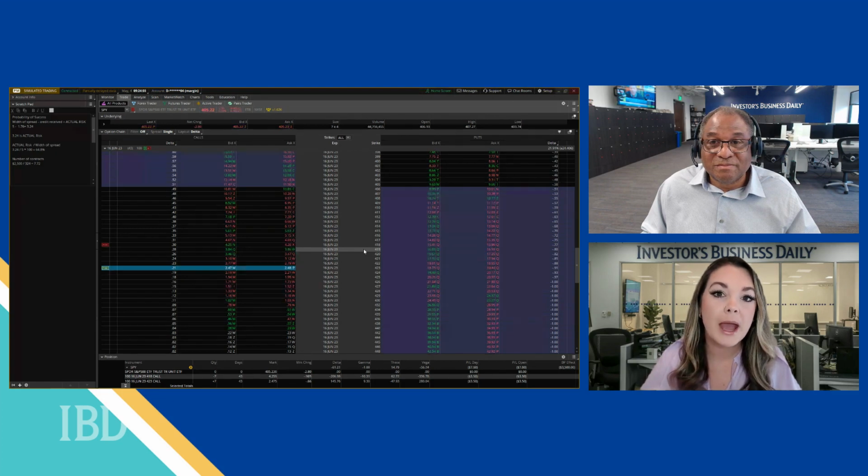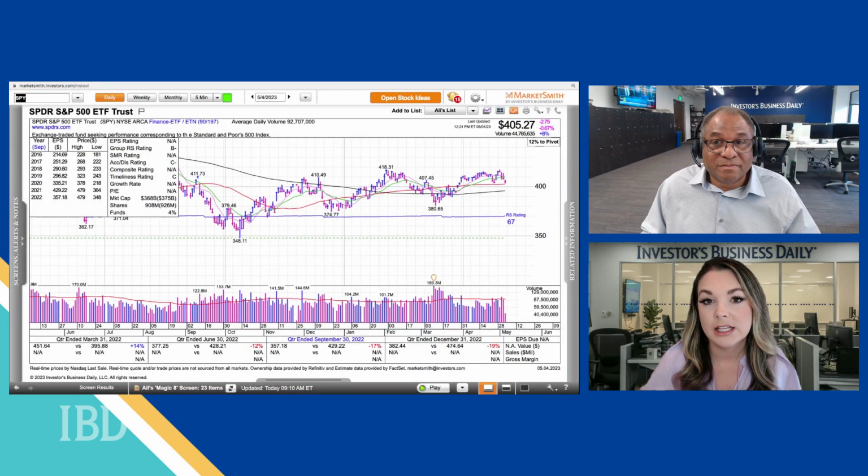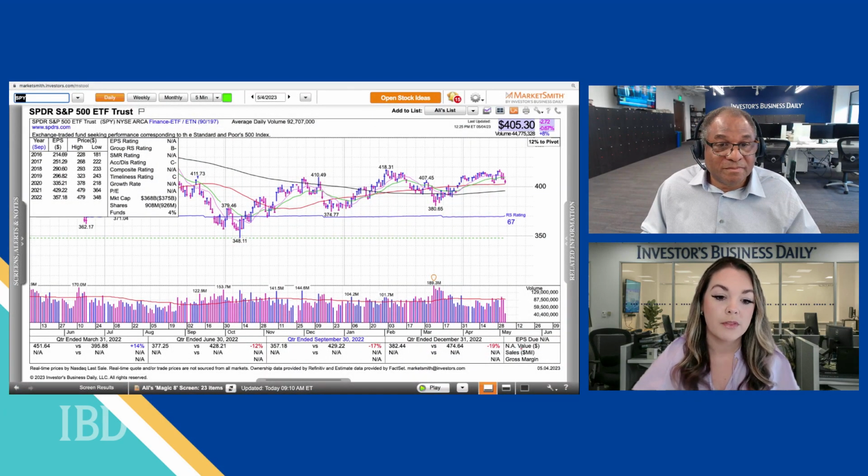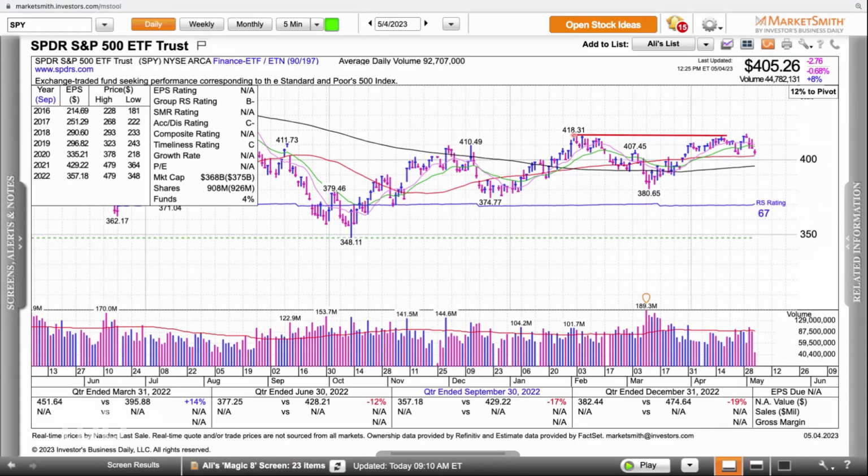And so I want to go back actually to SPY really quickly, so we can briefly look at the daily chart of SPY and talk about that area where we did see that rejection at the highs a little bit closer. Here's that 418 level, which we looked at on the weekly chart, goes back quite a ways. And so we got that rejection on Monday and have continued lower.